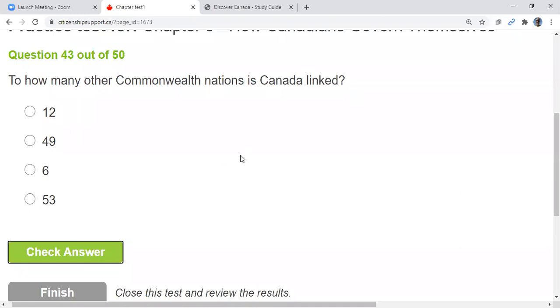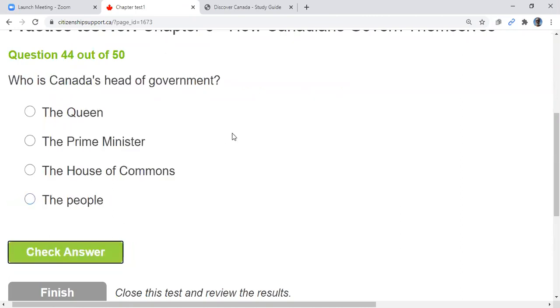And then this is for Zaniva, please. To how many Commonwealth nations is Canada linked? 53. Very good. That was fast. Who is Canada's head of government? Prime Minister. Okay, they're coming fast now.